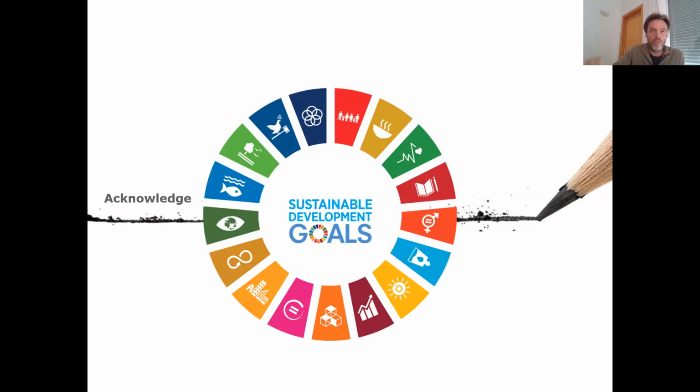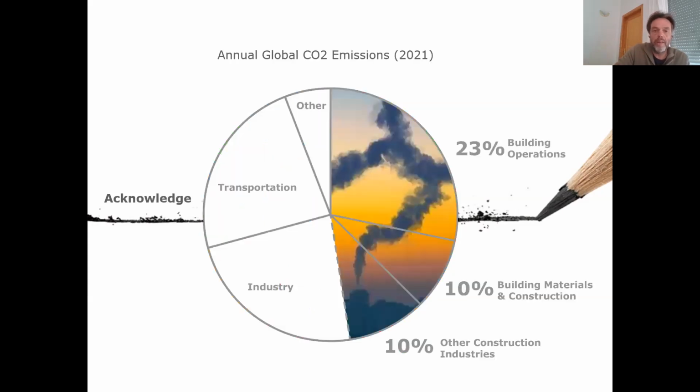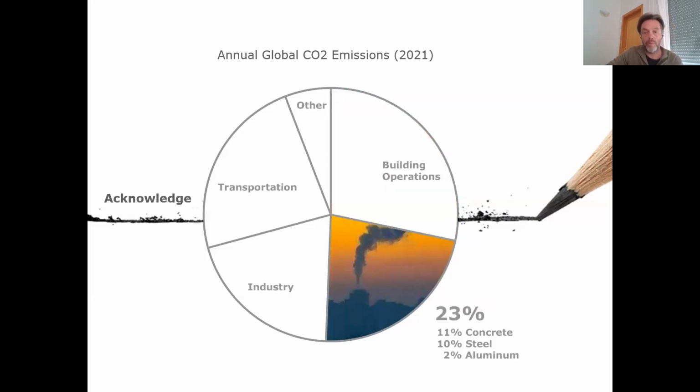We need to do this for a second reason, which is if we want to meet the Sustainable Development Goals, we need to also acknowledge that the building construction is one of the main polluters. We know this of the annual global CO2 emissions, building related activities, and especially production of concrete, steel, and aluminum is almost a quarter of the annual global emissions.